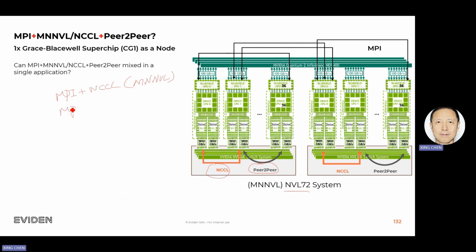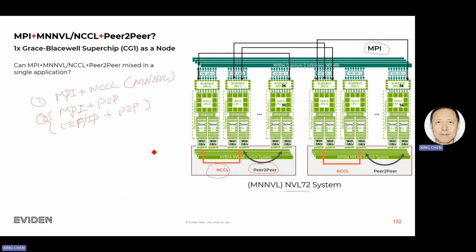We can have MPI, maybe TCP/IP, plus peer-to-peer memory access as a programming model, the peer-to-peer memory model. We have one, we have two. We have these two options. But MPI is always for communication between the NVL72 domains.